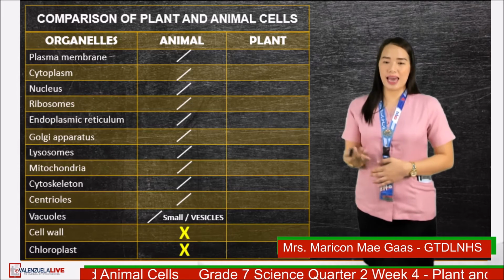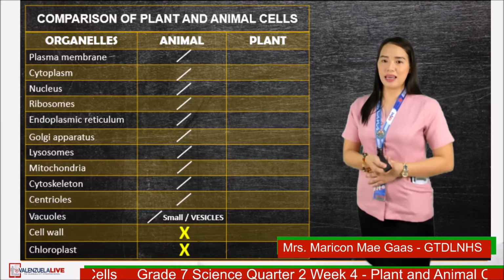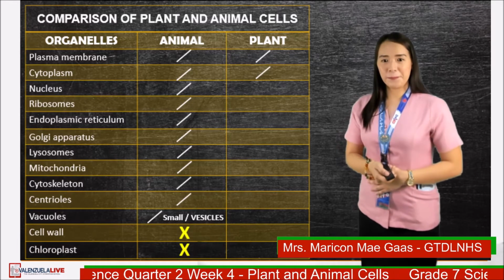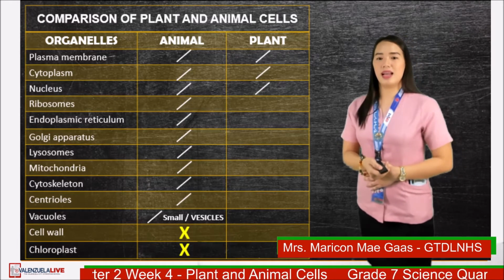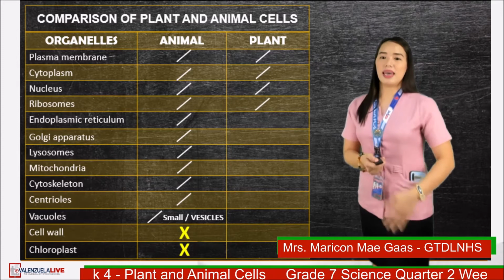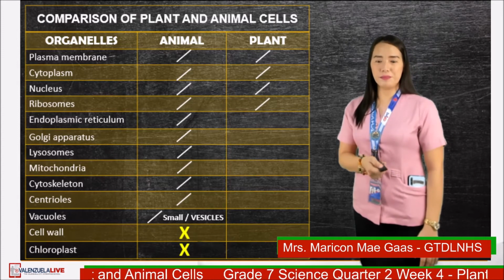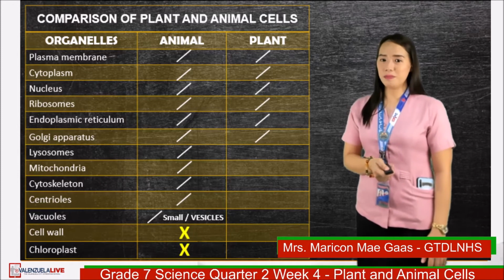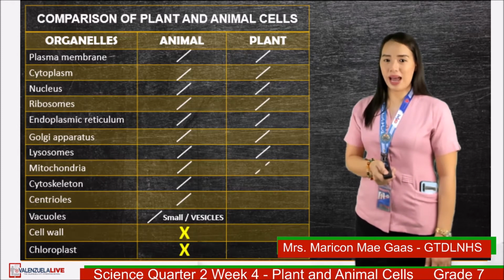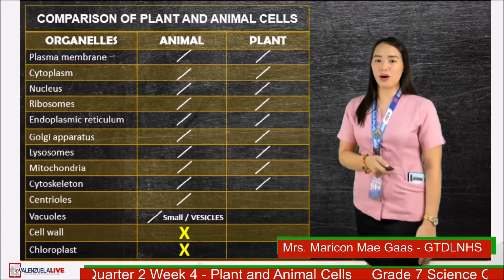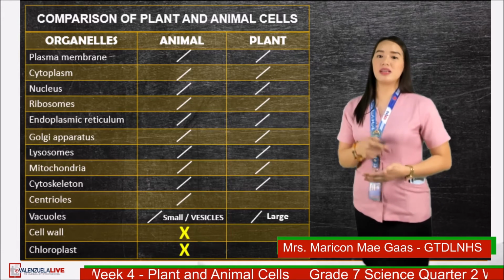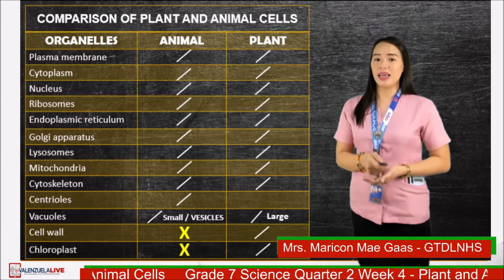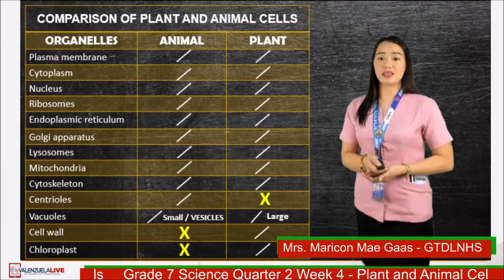On the other hand, plant cell has plasma membrane, cytoplasm, nucleus, ribosomes, endoplasmic reticulum, Golgi apparatus, lysosomes, mitochondria, cytoskeleton, vacuoles, cell wall, and chloroplast, while it does not have centrioles.